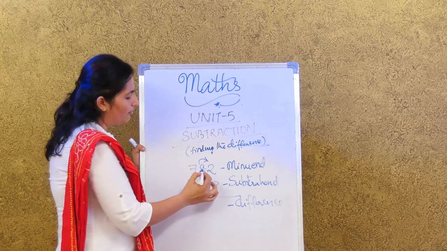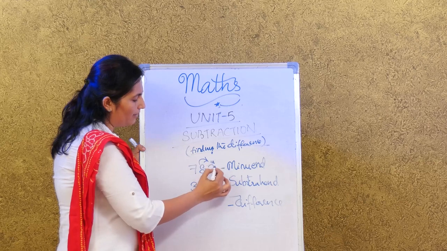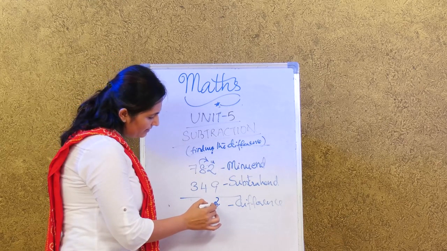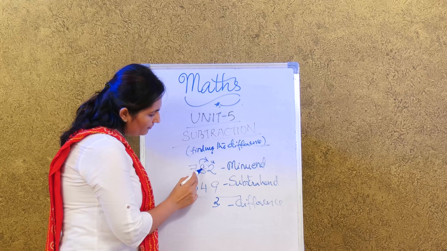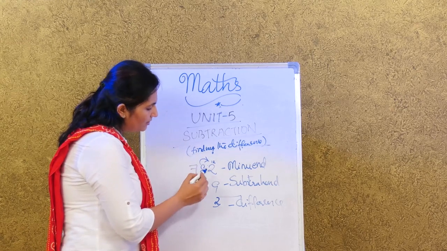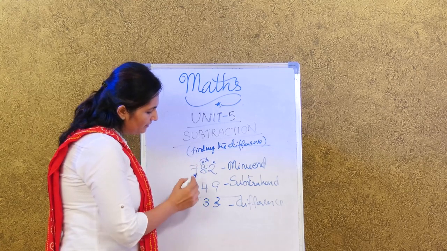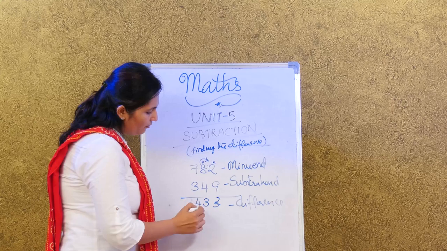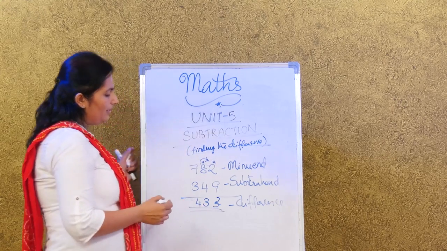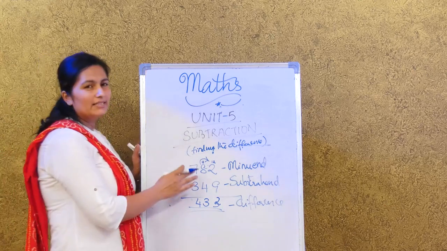So we are going to take 1 and this is going to be considered as 12. 12 minus 9 is 3. Now because we borrowed from 8, this becomes 7. So 7 minus 4 is 3, and then 7 minus 3 is 4. So our answer would be 433.